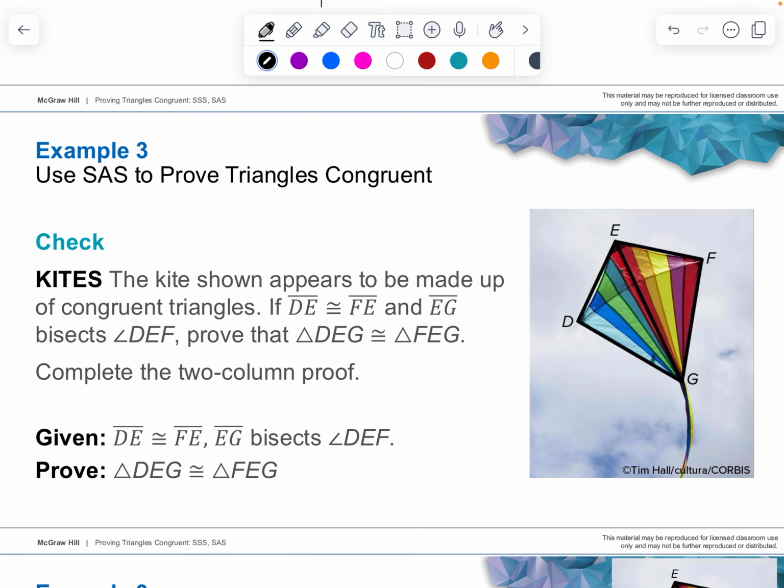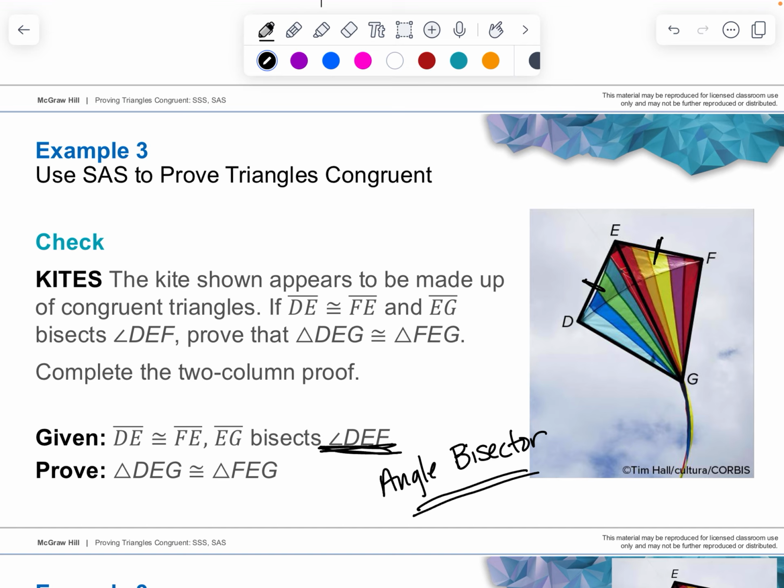Now you get to try one. You got this kite here. They give you that DE is equal to FE, so make sure you're writing it on there. And that EG bisects angle DEF. That makes it an angle bisector, by the way, guys.